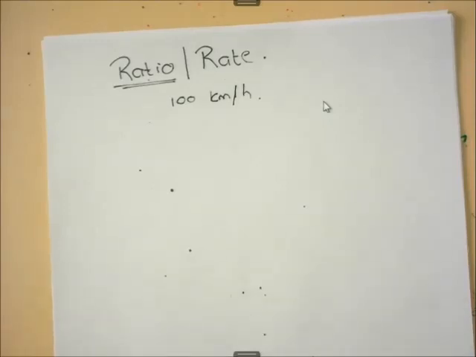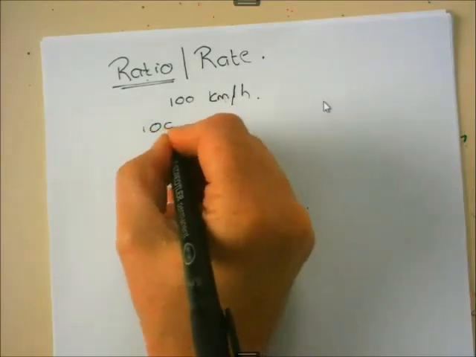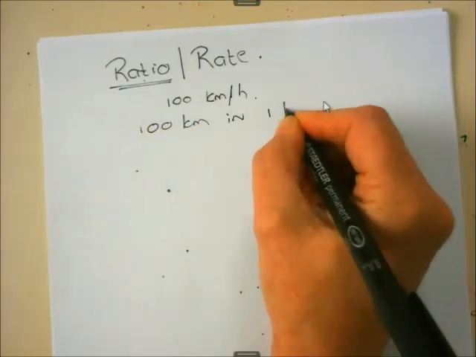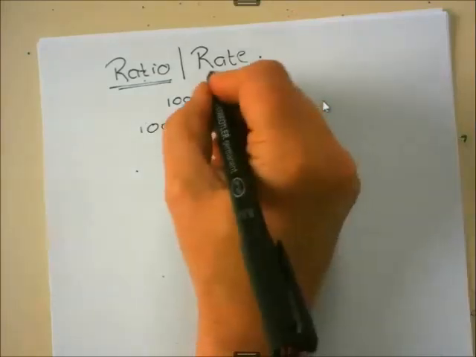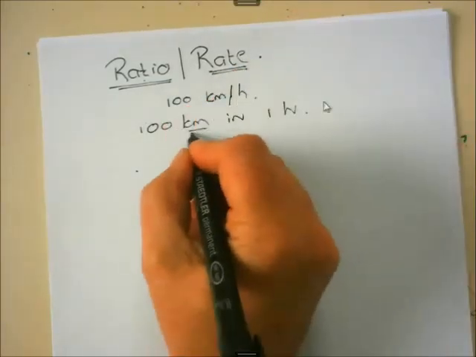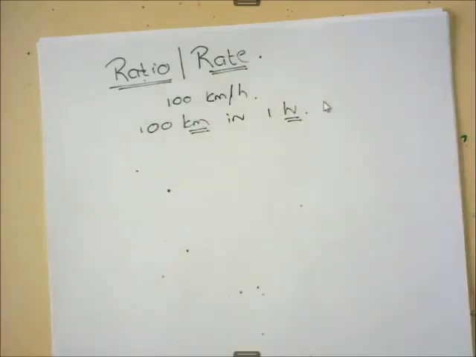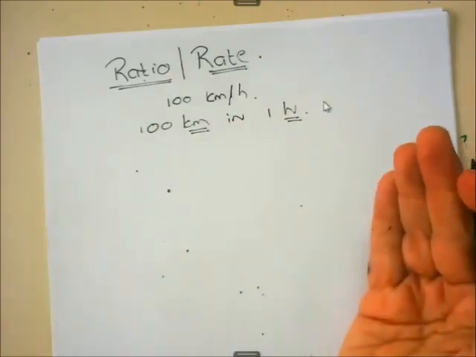And if you can maintain that speed for 100 kilometers, it means you will cover 100 kilometers in 1 hour. We say it's a rate because it's kilometers and hours. It's different quantities. It's a distance and a time that we are comparing.